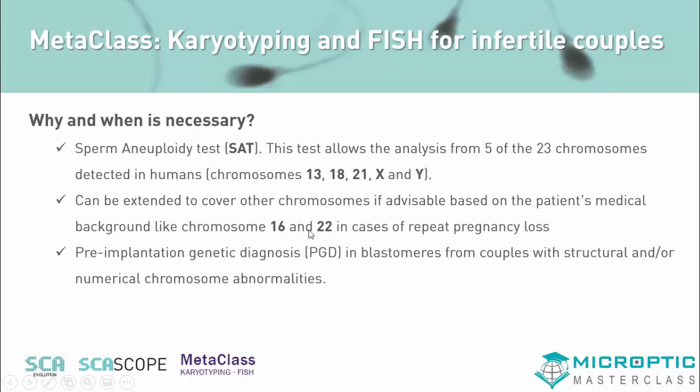These two chromosomes are normally checked when there is repeat pregnancy loss. So in pregnancy loss, it's better to check these two chromosomes.